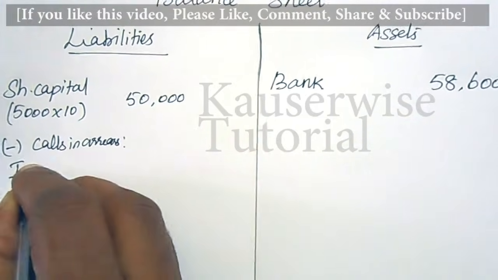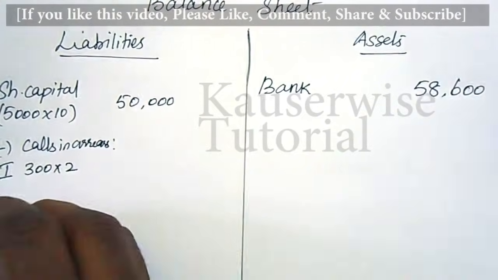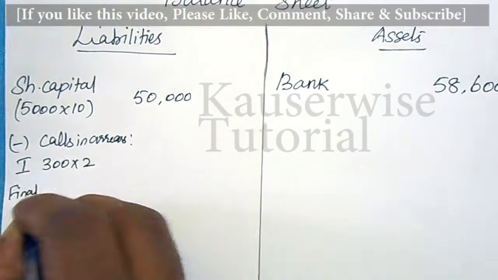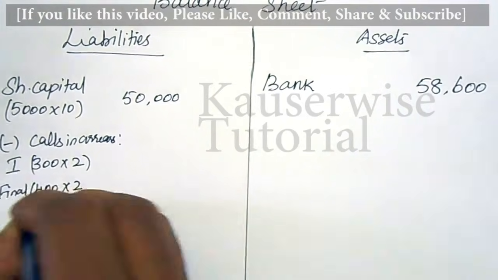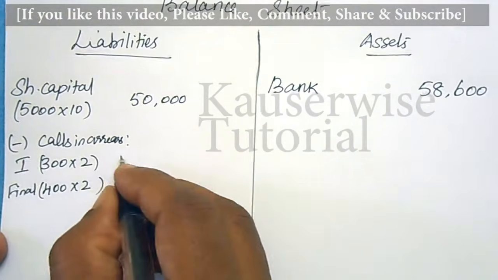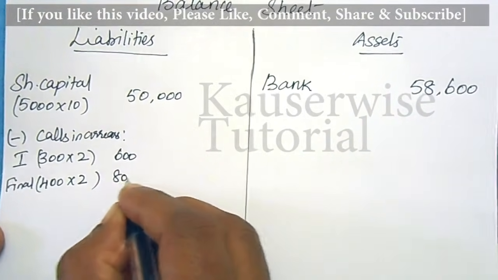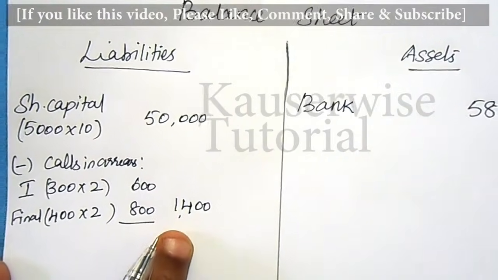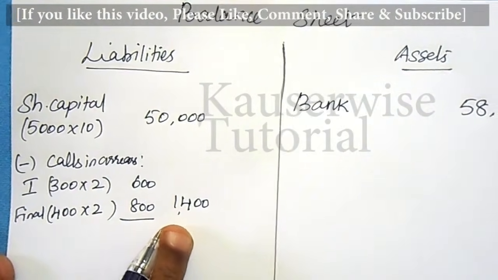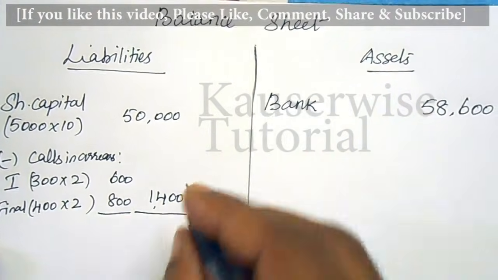First call 300 shares into 2 rupees, and final call 400 into 2 rupees. 300 into 2 is 600, 400 into 2 is 800. Totally 1,400. Except 1,400, the remaining amount was received from the shareholders. So the balancing amount you can enter into the outer column.